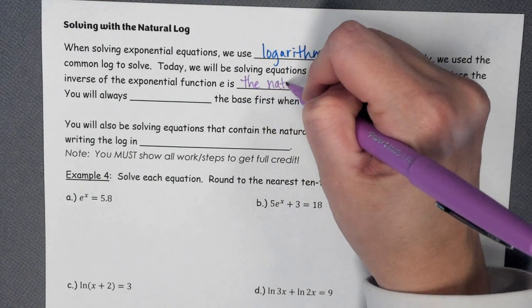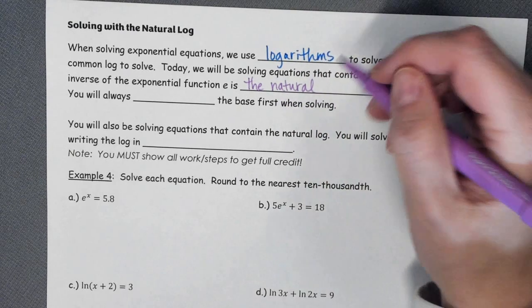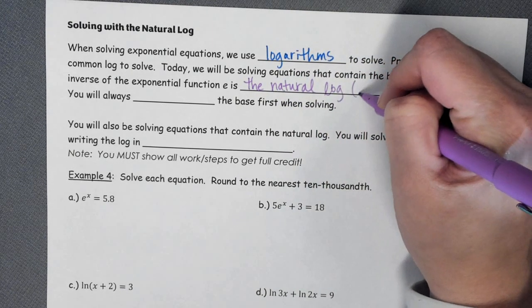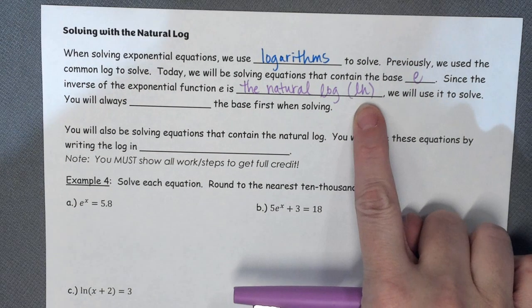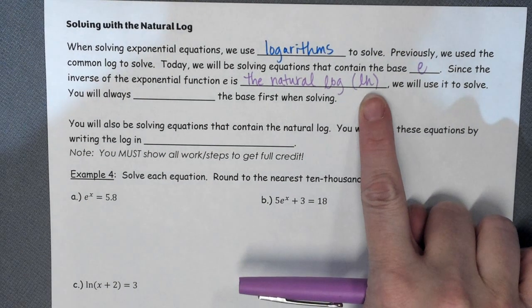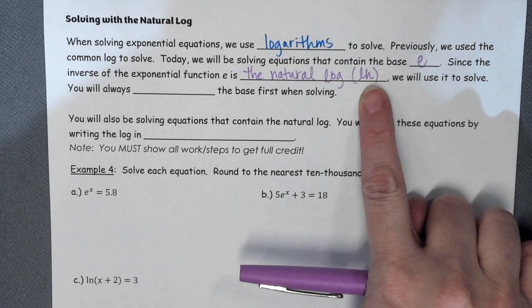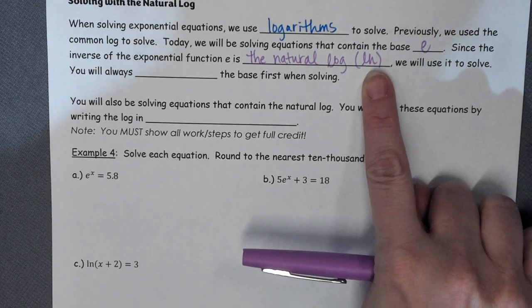So yesterday we were taking the log of both sides. Today we're going to take the natural log, which is ln of both sides. I do write my ln in cursive often, so I hope that doesn't confuse you too much.